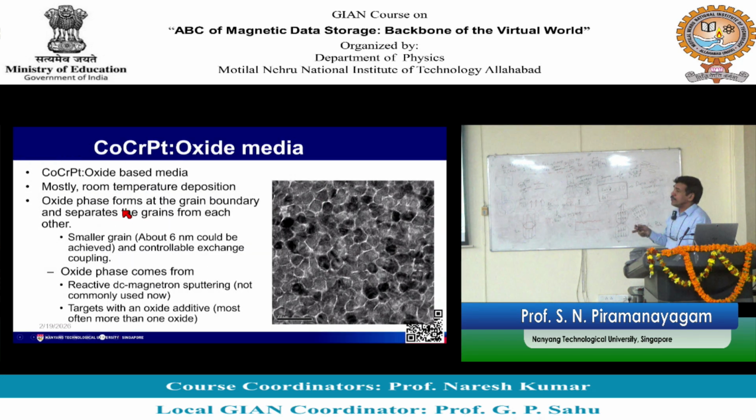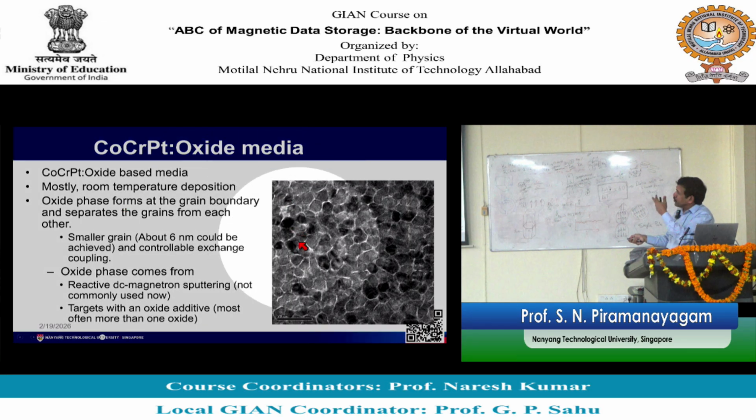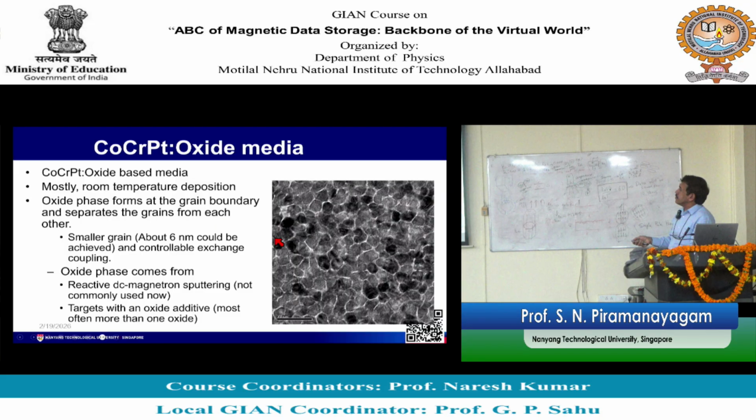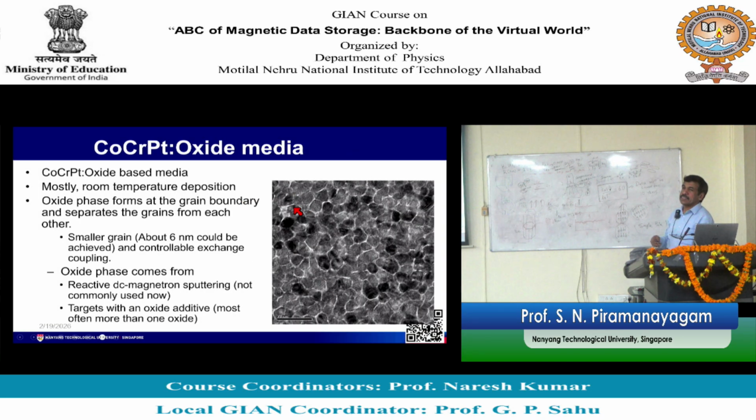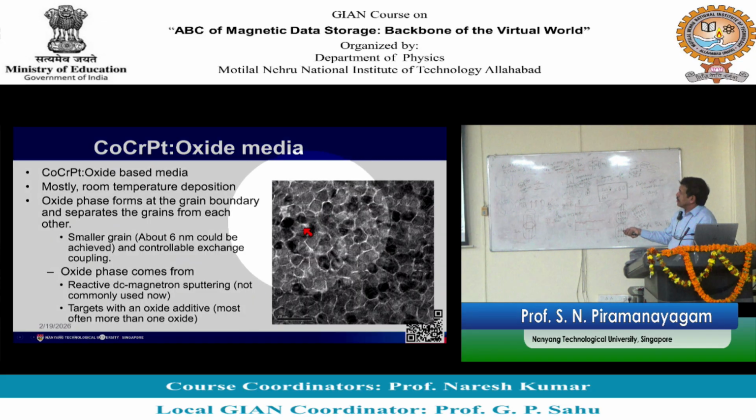The only thing we do here is deposit this layer also at a high pressure. Instead of 1 Pascal or below, we may sputter this oxide target at around 5 to 7 Pascal. During the high pressure we have lower mobility for the atoms, so they segregate like this.